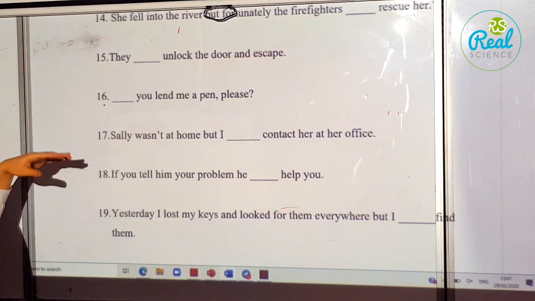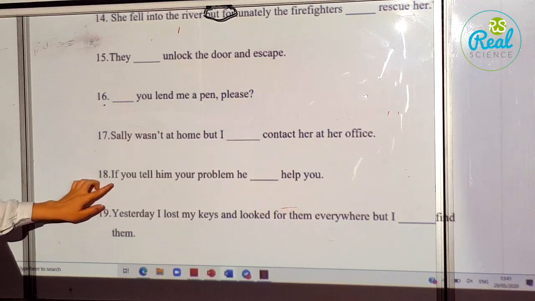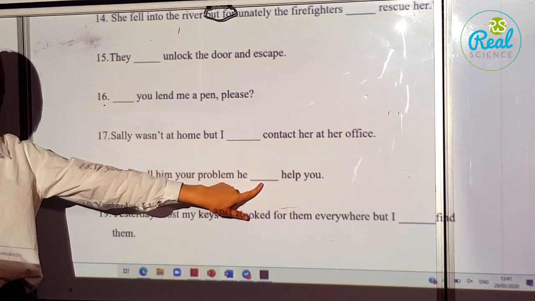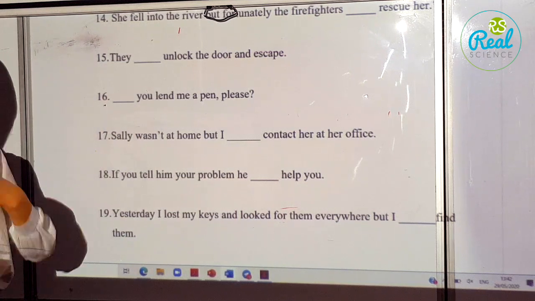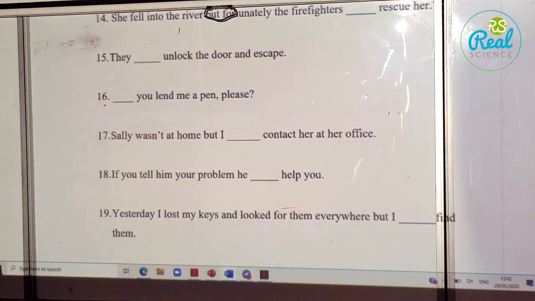If you tell him your problem, he could help you. Was able to. He will be able to.